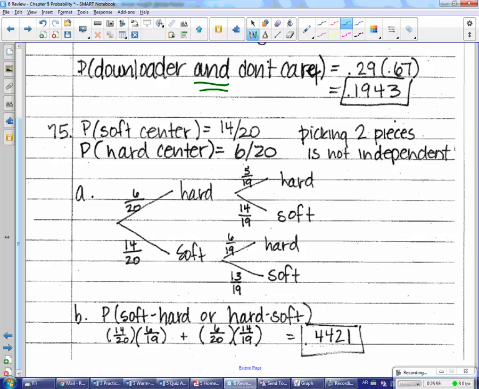We didn't have independence here. So notice that my probabilities changed. Once you draw the tree diagram, in part B, you're looking at 2 different branches and the possibility of either, so you can add the branches together.